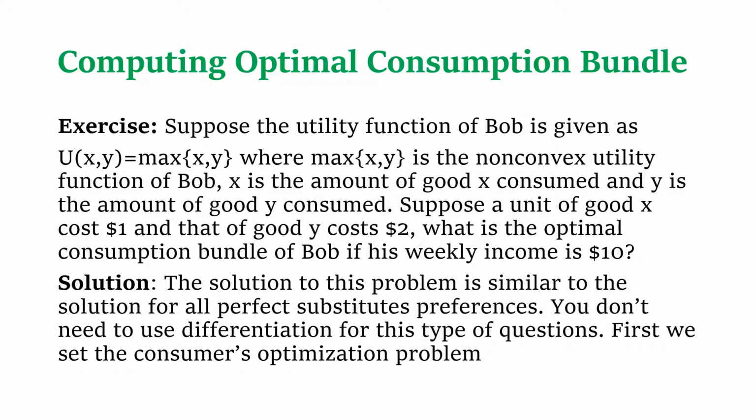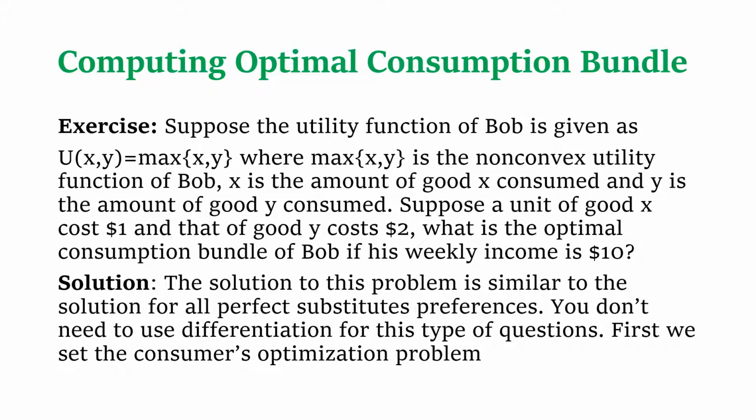So now we have the price of good X, which is $1, and the price of good Y, which is $2. What is the optimal consumption bundle of Bob if his weekly income is $10? So what you need to do here is you first of all set up the consumer's problem.